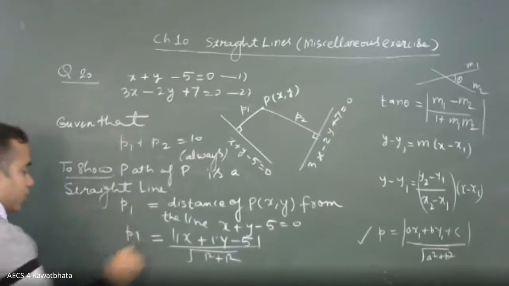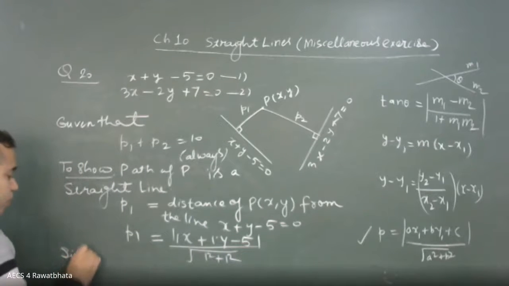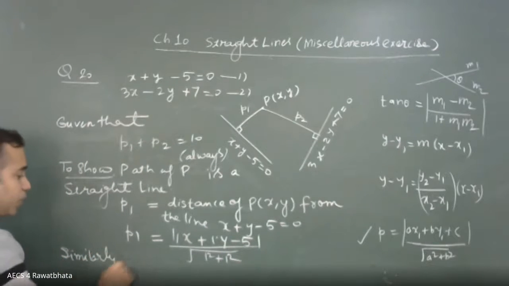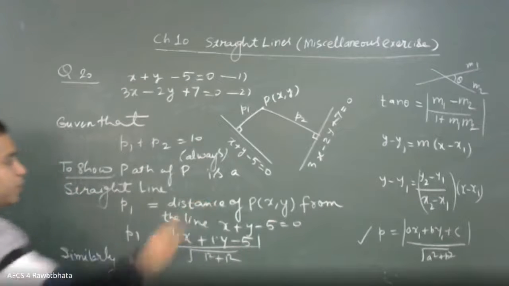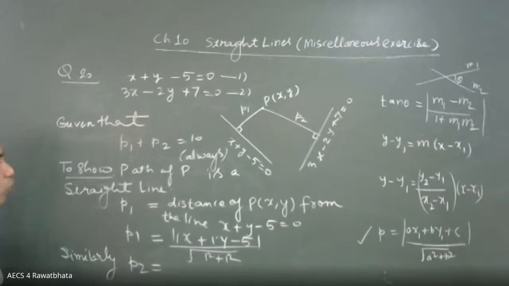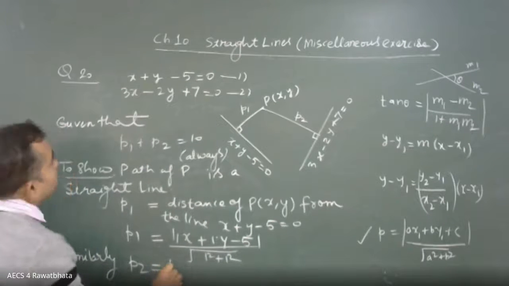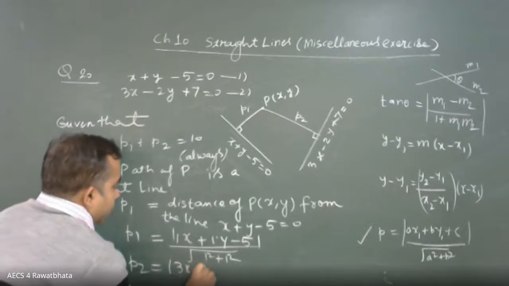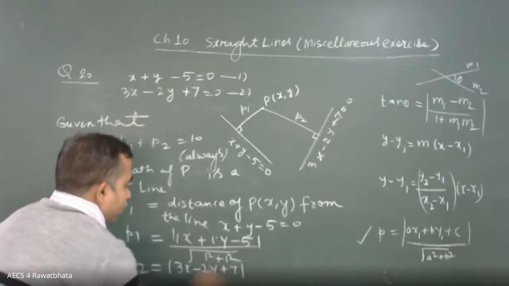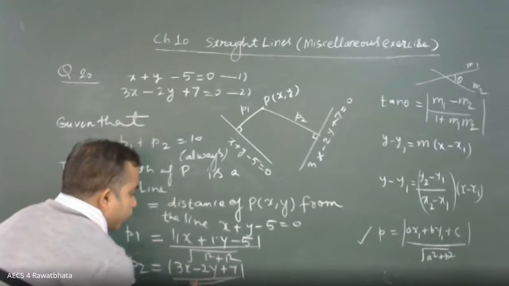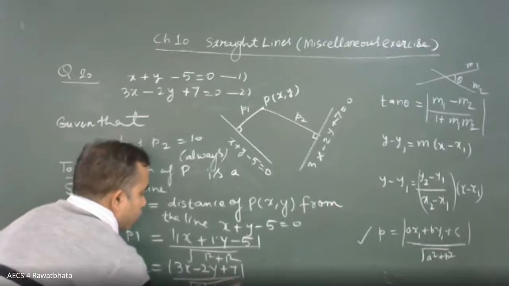Similarly, p2 also you can write. P2 is the distance of point P(x, y) from the other line, and this is going to be modulus of 3x minus 2y plus 7 whole upon root of 3 square plus minus 2 whole square.